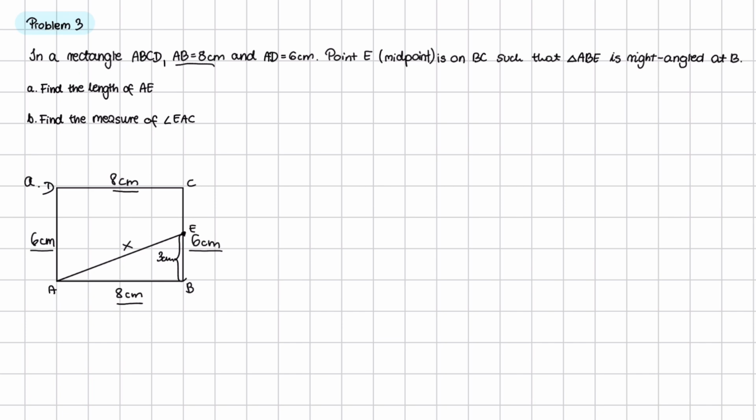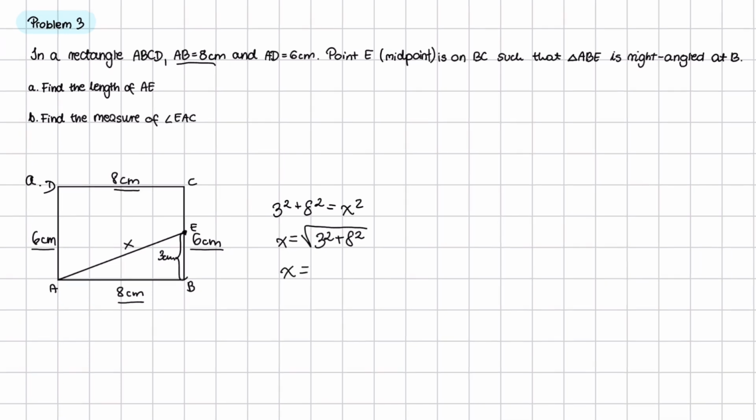So basically we can use our Pythagorean theorem. So 3 squared plus 8 squared equals x squared, and we can solve it by using the solver, or we can simplify it. So square root of 3 squared plus 8 squared, and now we can calculate it in our GDC. So the answer is 8.54, and of course centimeters.